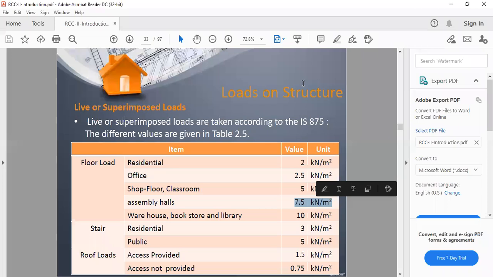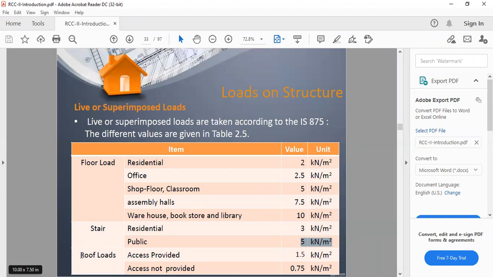Now, suppose you want to check staircase load. For residential, you will have 3 kilonewton per meter square, or for a public building, which could be anyone, for staircase loading you might get 5 kilonewton per meter square.